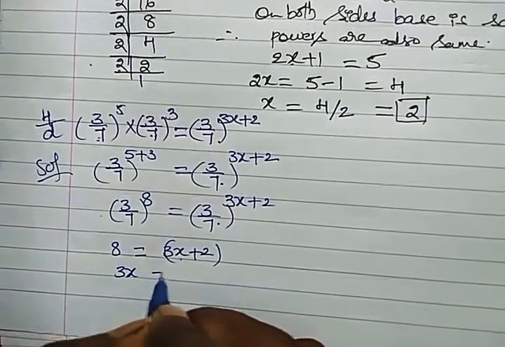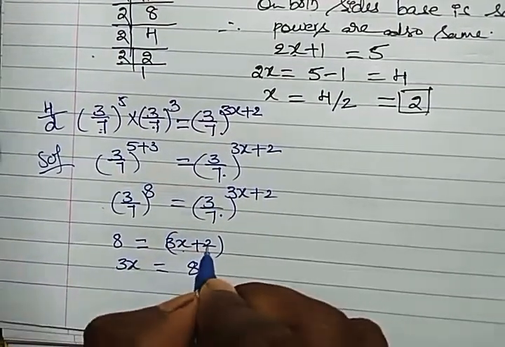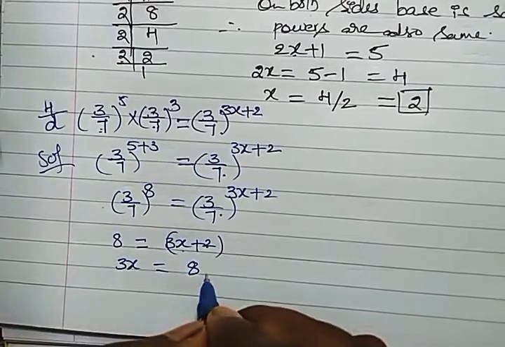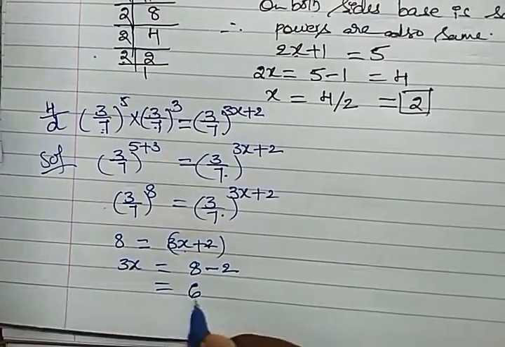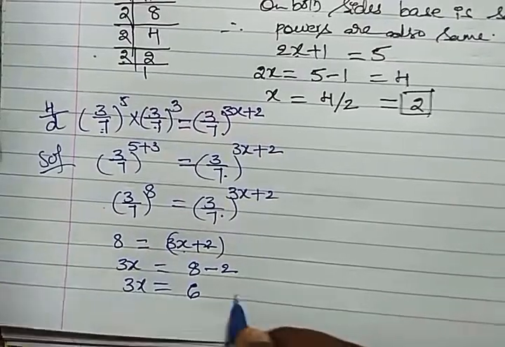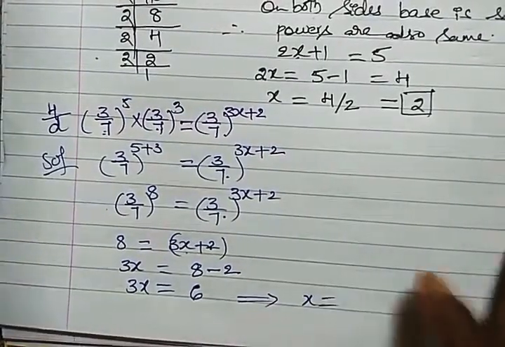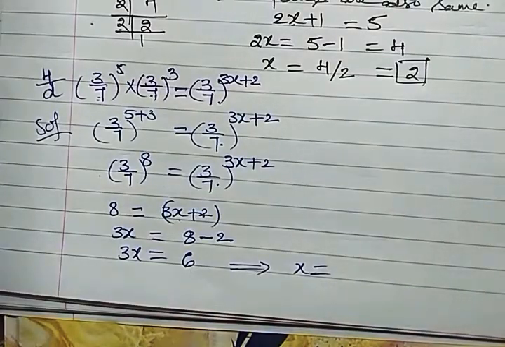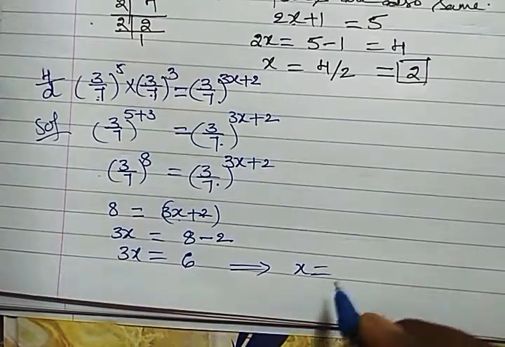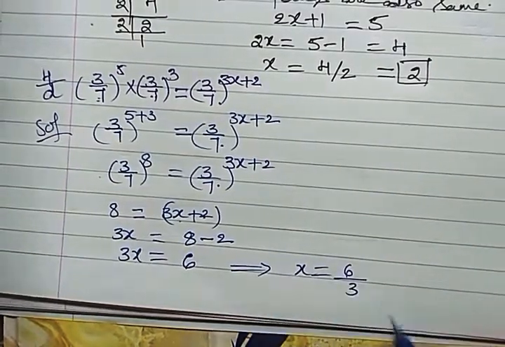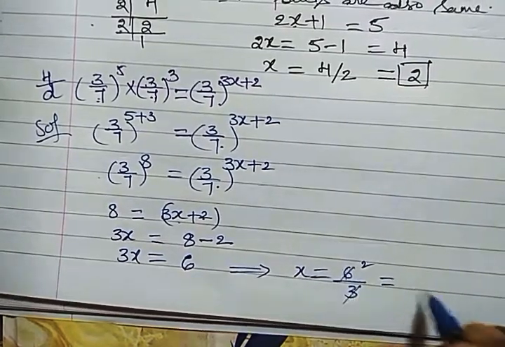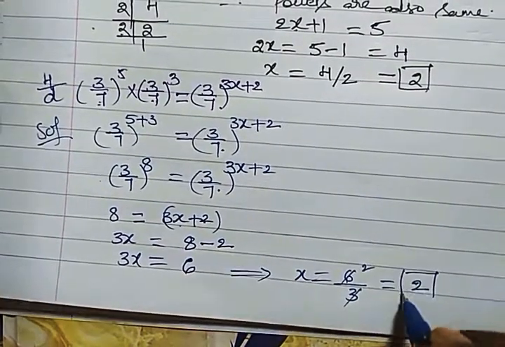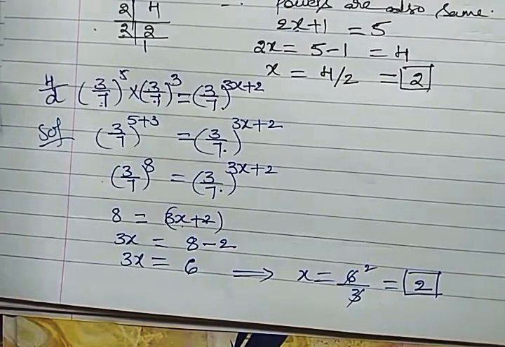We'll leave 3x aside. 2 is in addition with 3x, so when it goes to the other side, subtraction. 8 minus 2 is 6. Then x is equal to 6 by 3, this is in product. When it comes to the other side, it comes to the denominator, into division. So x is equal to 2. So that's question number D of 4.